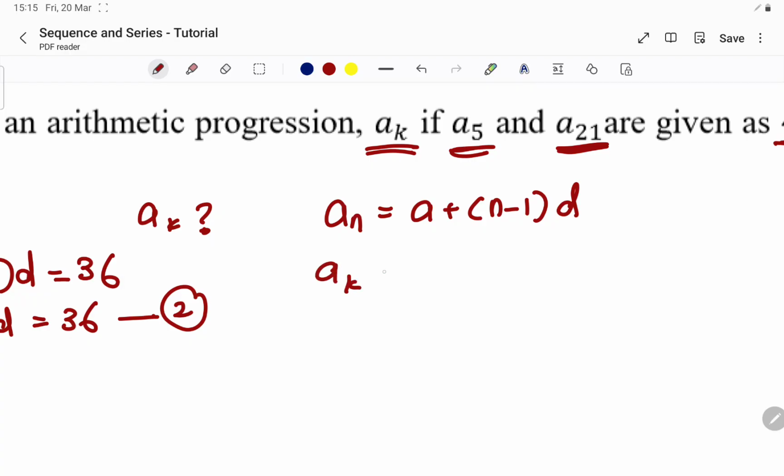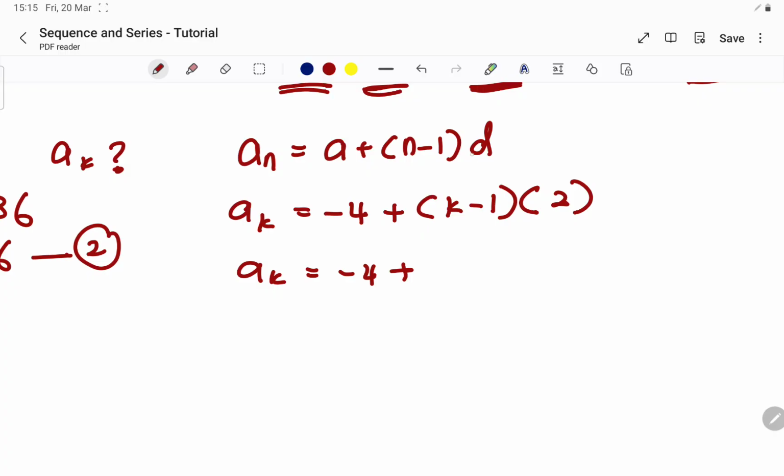So put AK equal to A, where we got A equal to negative 4 just now, plus K minus 1 multiply with D, where we get D is equal to 2. So you substitute properly, you will get negative 4 plus K minus 1 multiply with 2, you expand.